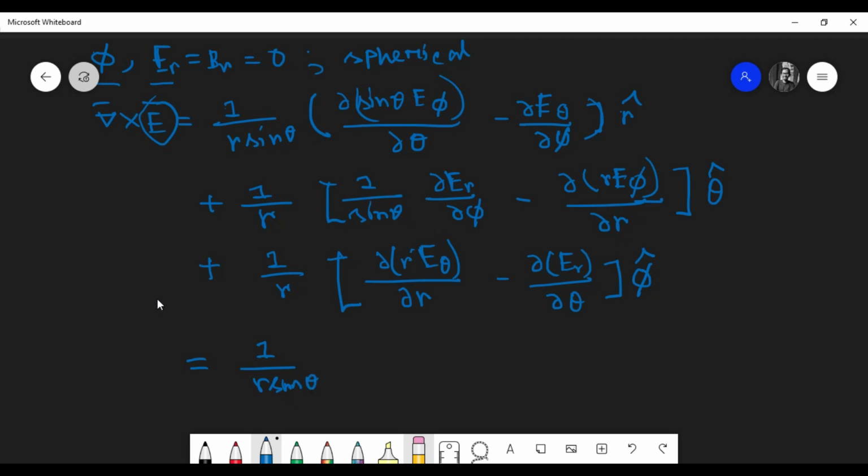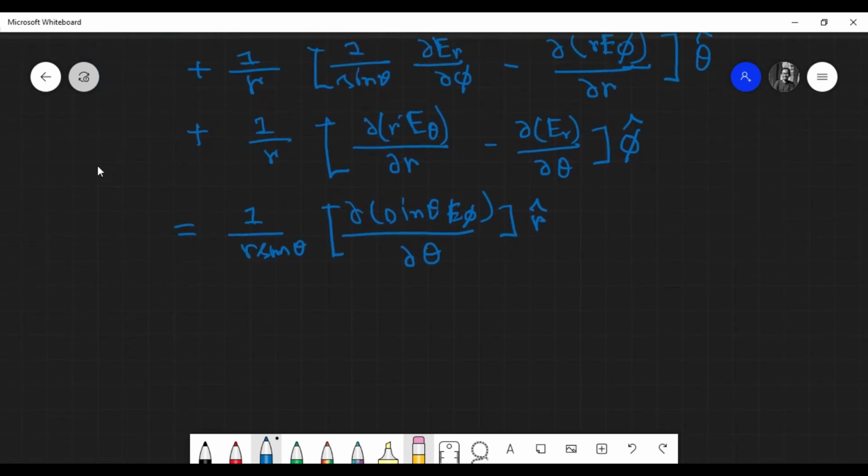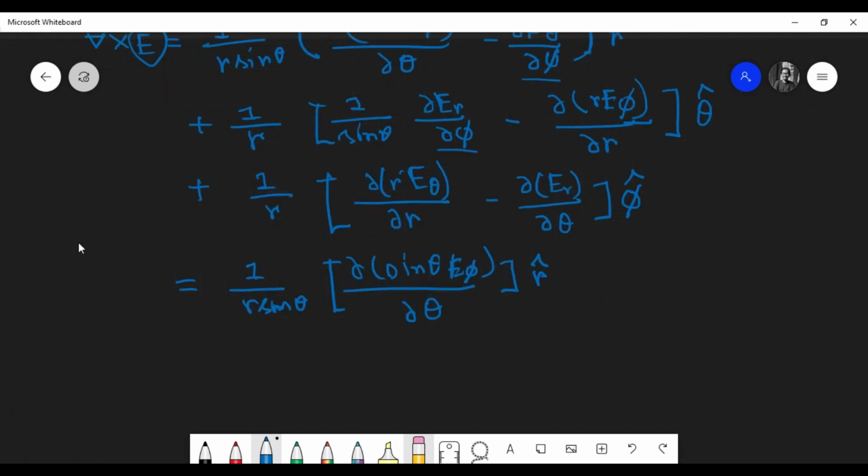Here you see there's a phi derivative, but we have already assumed there's no phi dependence, so only the first term will stay here. And there is also a phi derivative here, which will be zero.